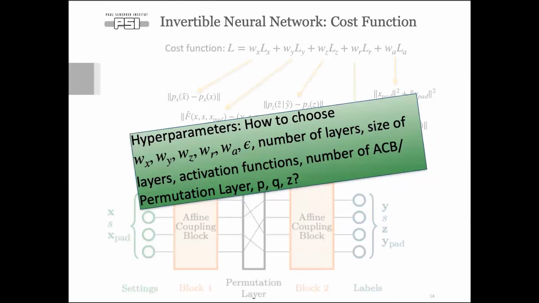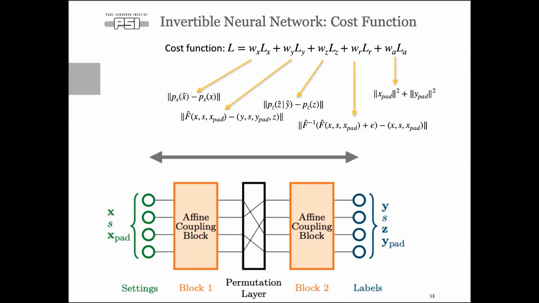And what is still missing now is the loss function, the cost function. So our loss. Here we have five different loss functions combined. The first one, Lx, ensures that the input follows the same distribution as our data. Then the Ly ensures that the forward model follows the data.